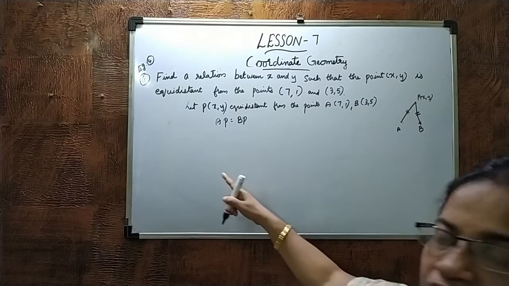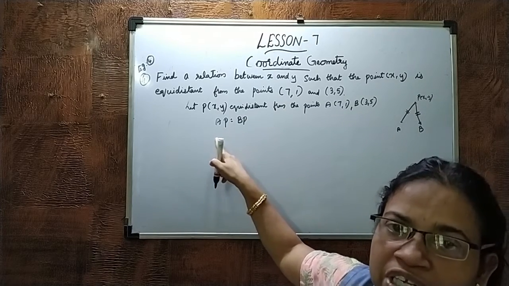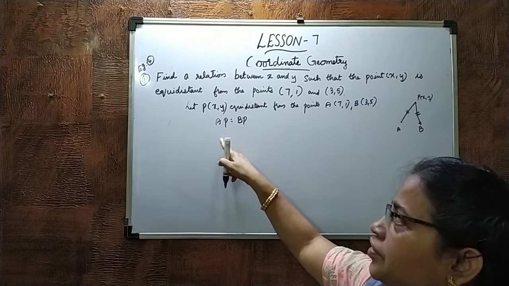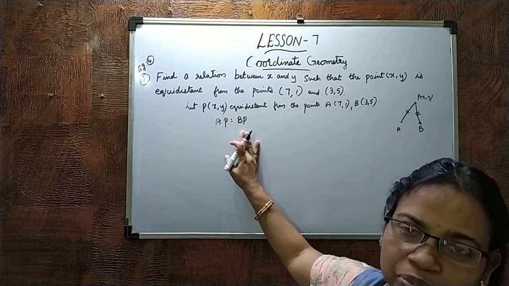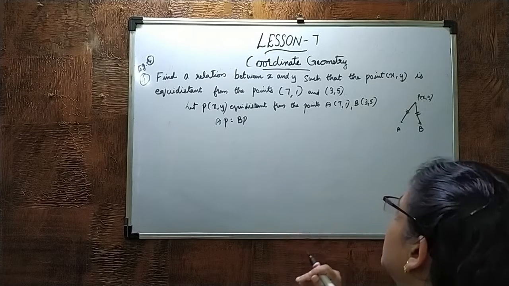Right? So, how will you find AP? The distance between A to P using distance formula. Coordinates are there. What about BP? The same using the distance formula. Coordinates also given. Okay. Now, we will start.